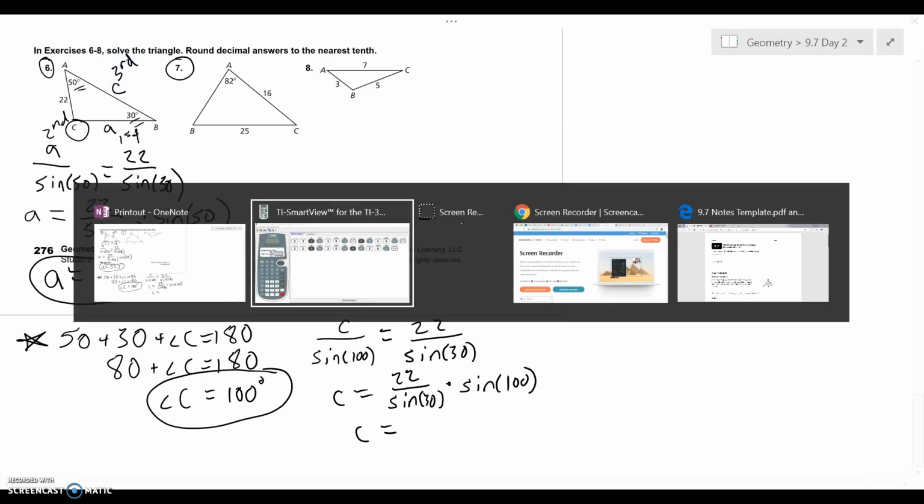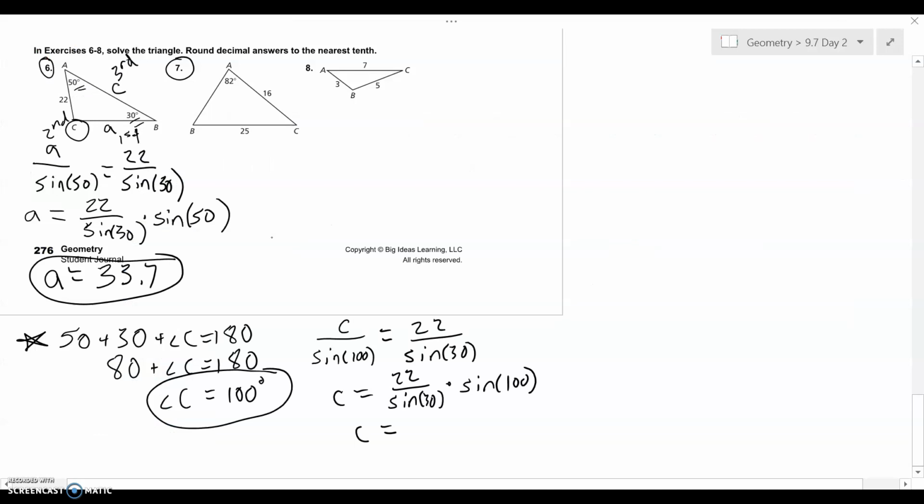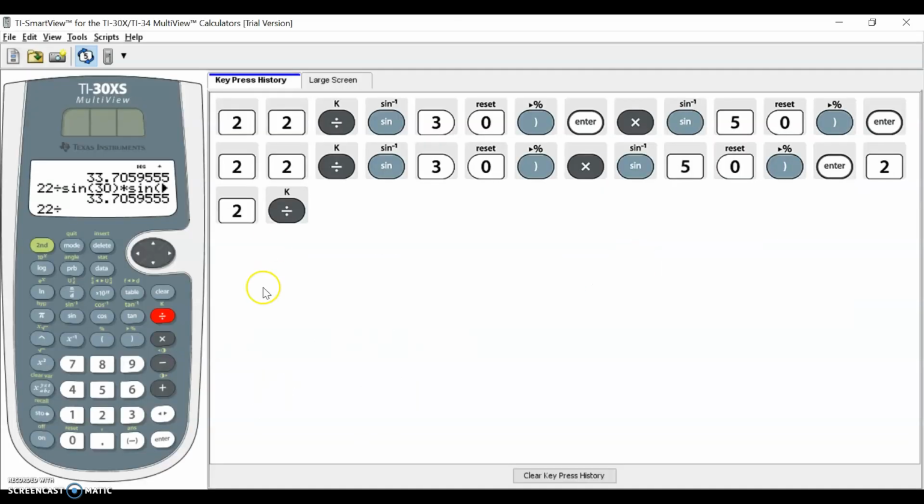So I'm going to jump to the calculator, and I'm just going to punch in 22 divided by... I better jump back and make sure I'm doing the right keystrokes here. 22 divided by sine of 30 times sine of 100. I was right.